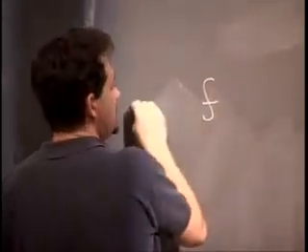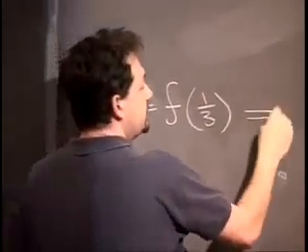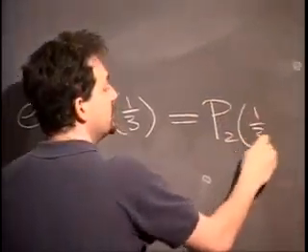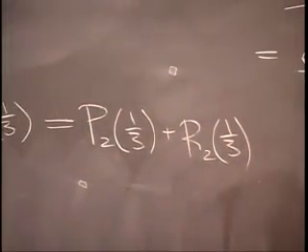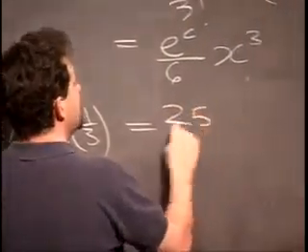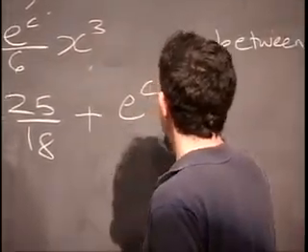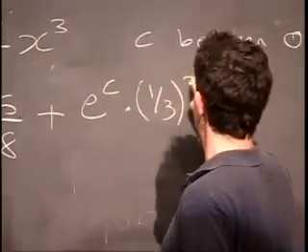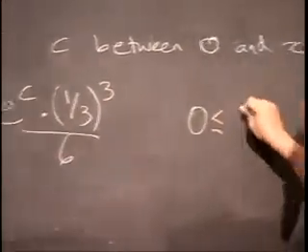We have said e to the 1/3 is f of 1/3, which is p2 of 1/3 plus r2 of 1/3. p2 of a third we just found is 25 over 18. And r2 of a third is e to the c times a third cubed over 6. And what do we know about c? It's between 0 and a third.